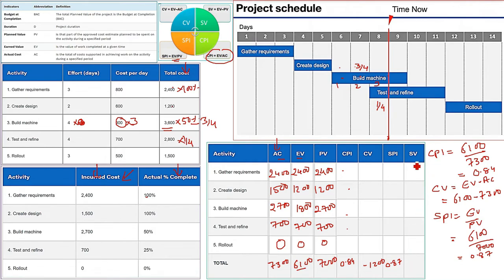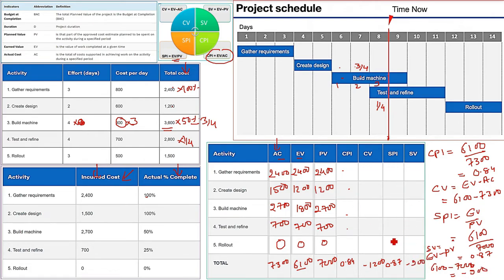Now coming to SV. SV is EV minus PV. I am just doing it for the total. So EV minus PV, EV is 6100 and PV is 7000. So you are going to get negative 900. Again a negative value. That is again a problem.